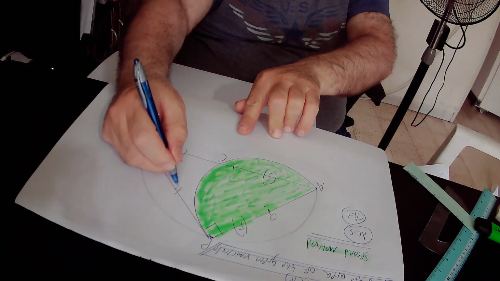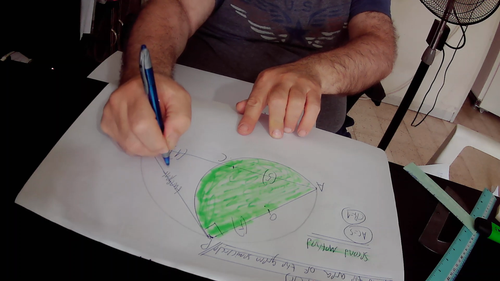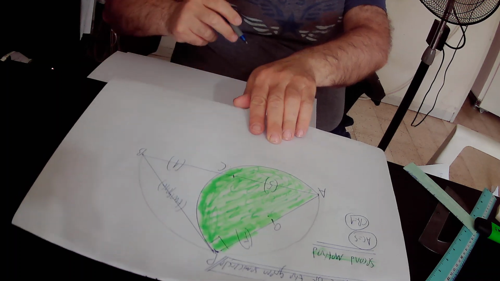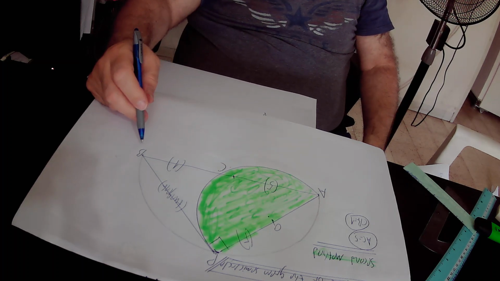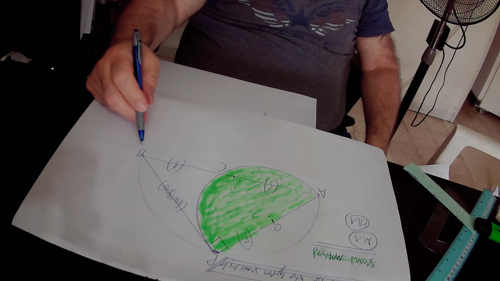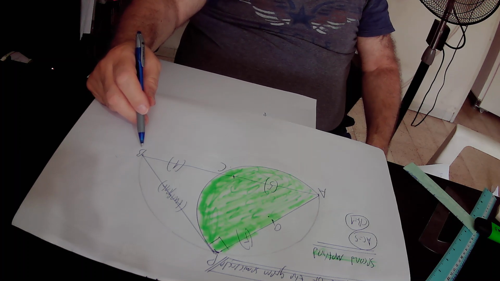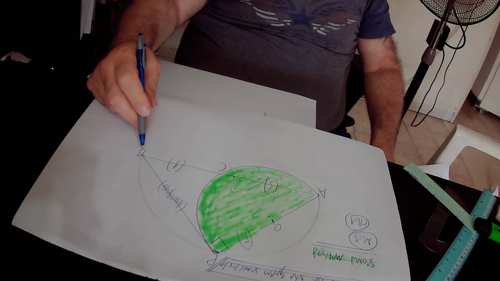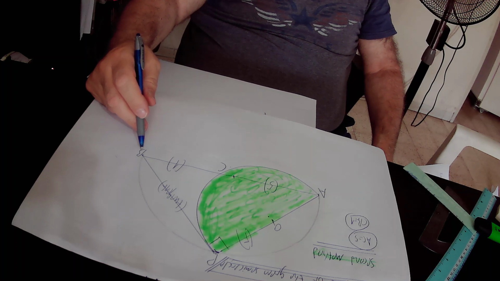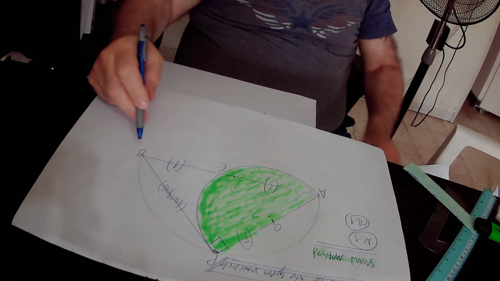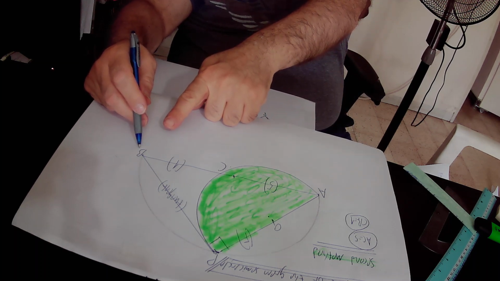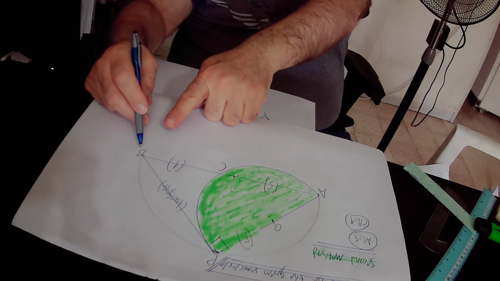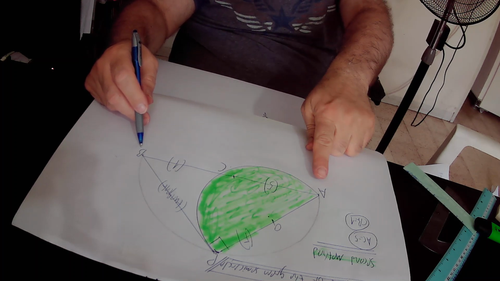BP is tangent to the radius PO of this green semicircle, and from the same external point, point B, when we draw a straight line towards the green semicircle, it cuts the circle at 2 points, C and A. So from the common external point, point B, we have chord CA.